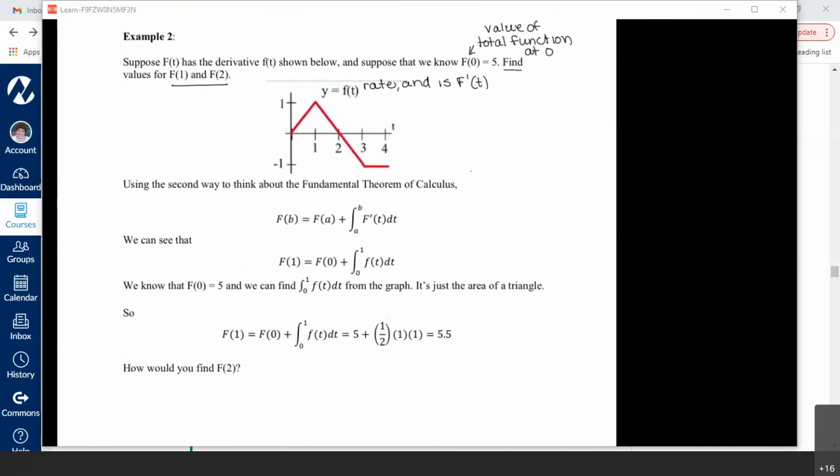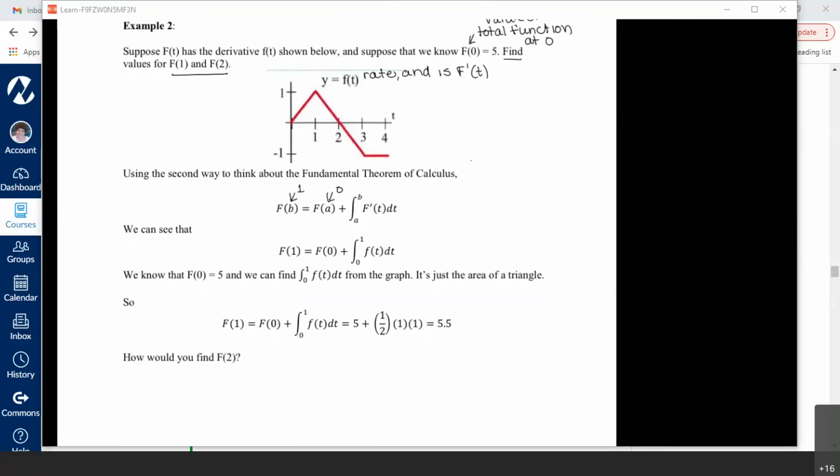Here's the alternative form of the fundamental theorem. They're saying, let's let a equal 0 and let b equal 1, and then plug in those numbers and see what we can find.